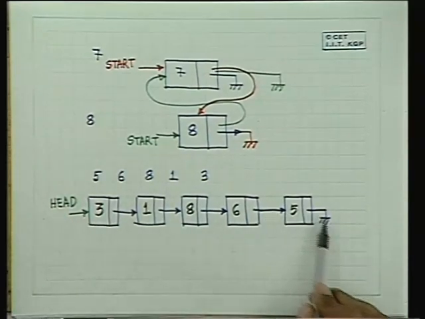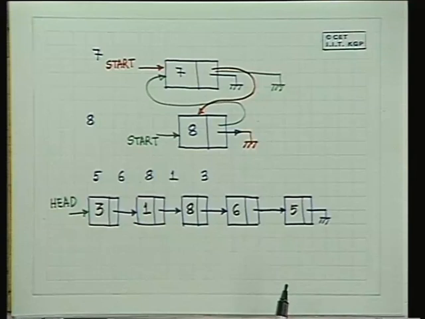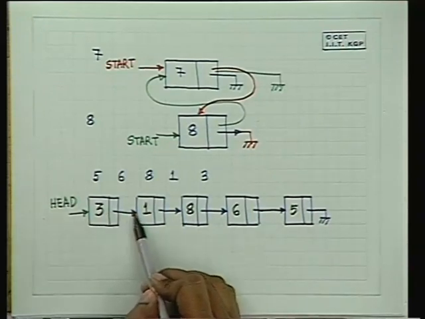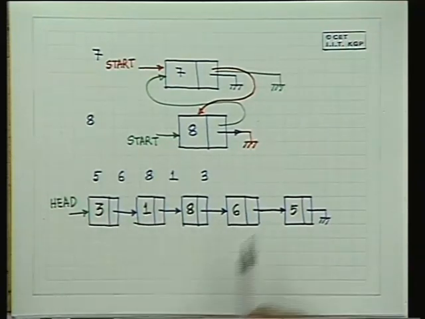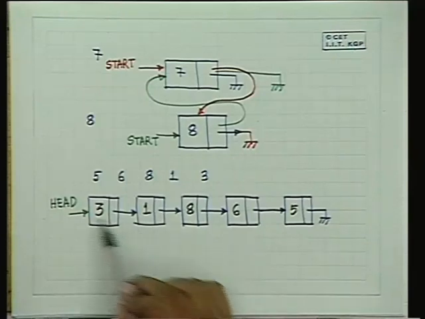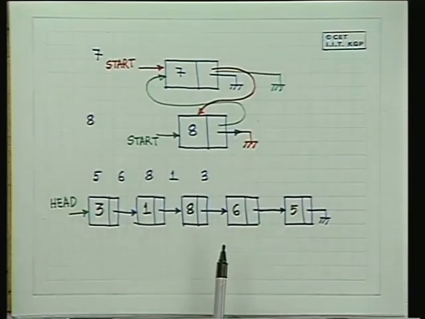And this will be the structure of the data which is put in. So this will be a linked list. That is why the elements are linked up by a set of pointers. So this is called a linked list structure. There are various forms of linked list structures, but this is the basic format.